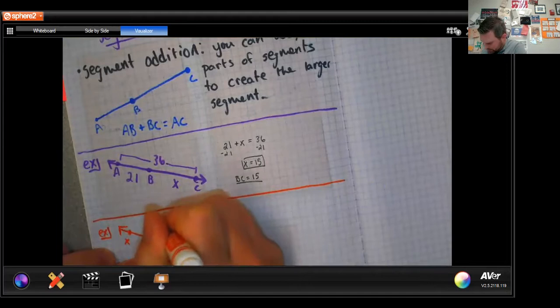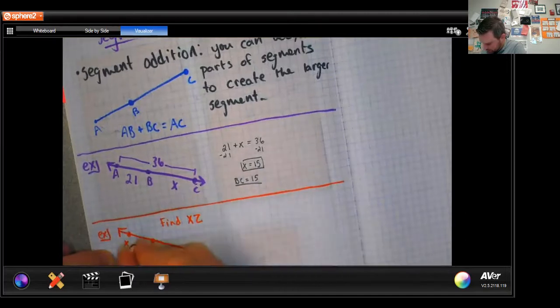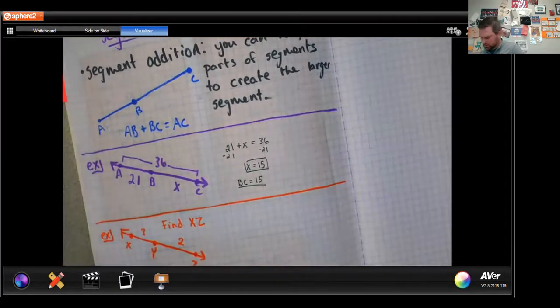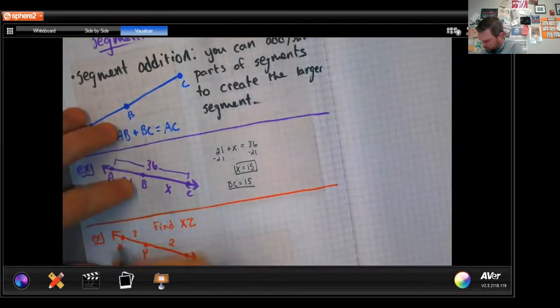And it says find XZ, and it gives you that XY is 3 and YZ is 2. So it gives you those two, and then it wants to know what is X to Z?